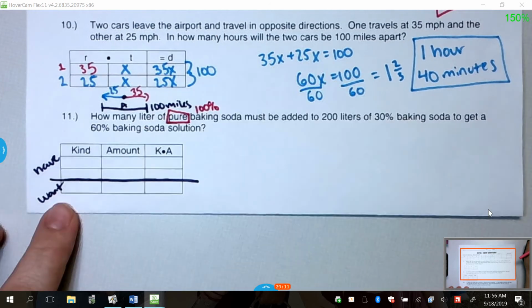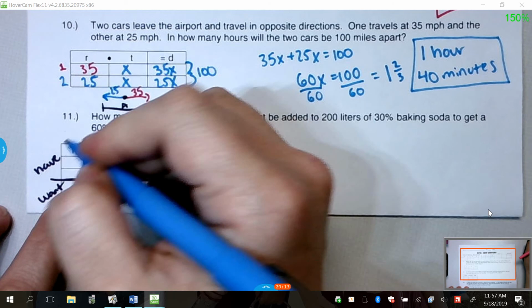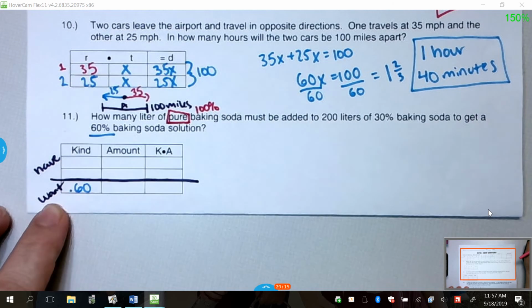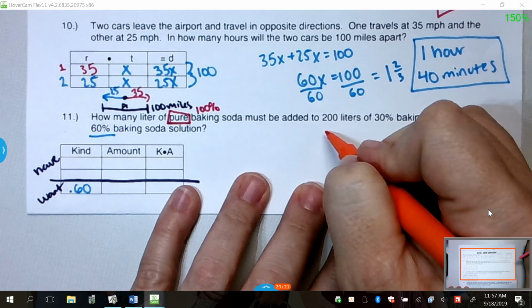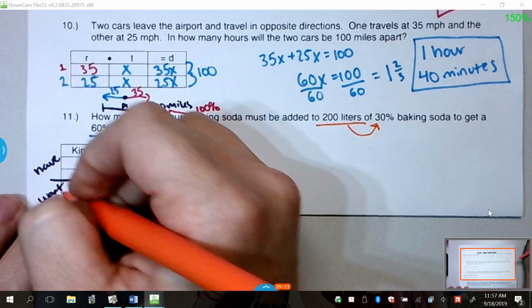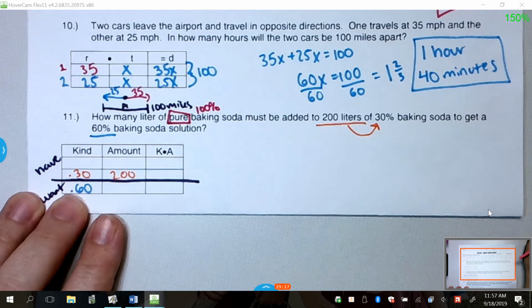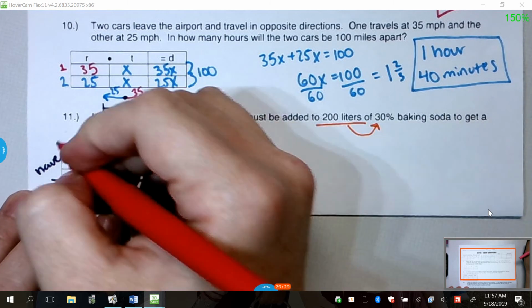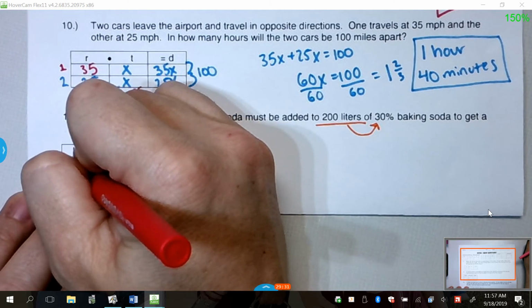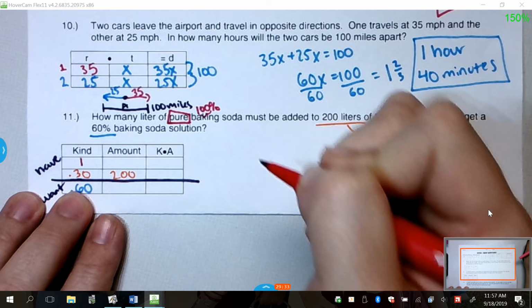I know that I have 200 liters of 30%. I also know I have pure baking soda, which as a decimal is 1, because I move it twice.